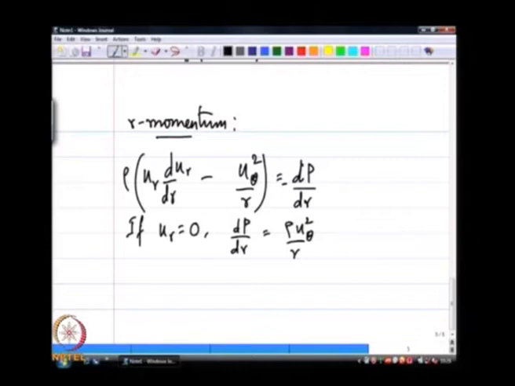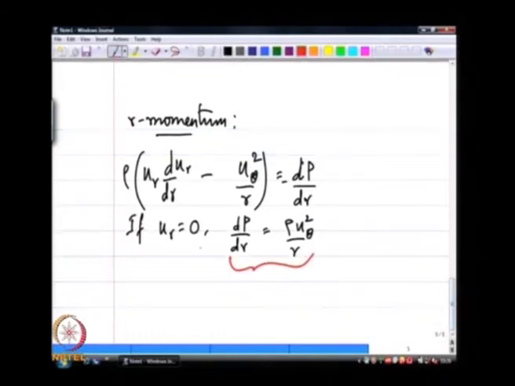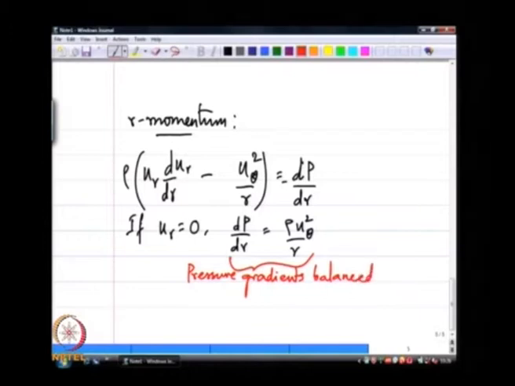Okay, so, for the case where the axis is contained inside the container, this is the only possibility, and this should look physically familiar: this basically says the pressure gradient is balanced by centrifugal force.